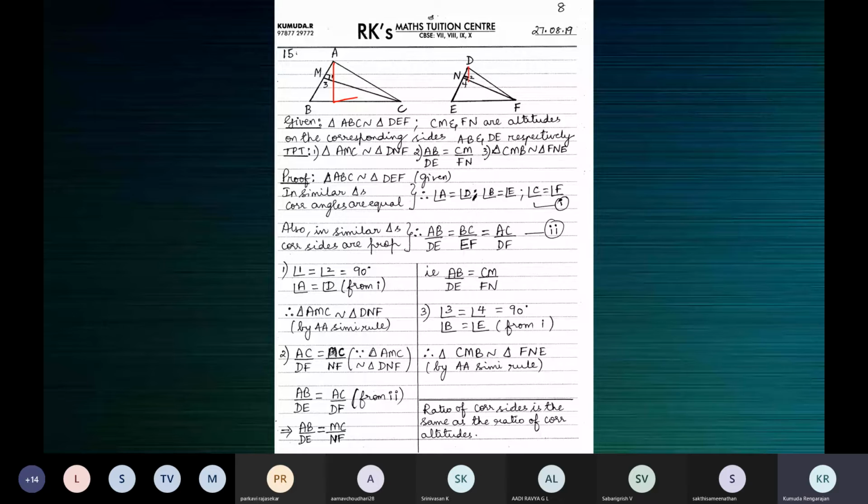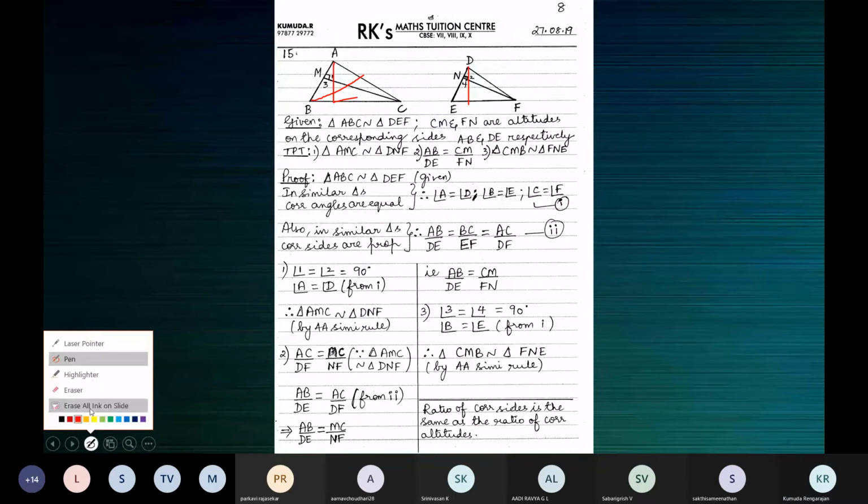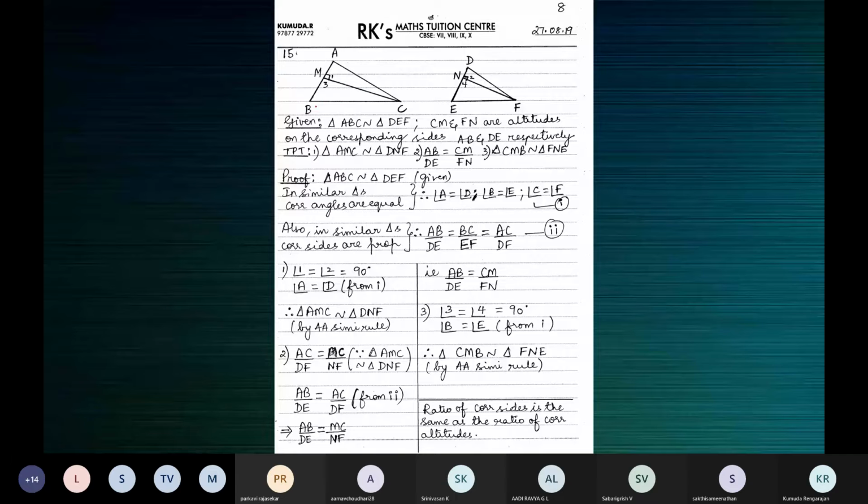Or if you draw it from B, then you must draw it from E, the corresponding altitudes.